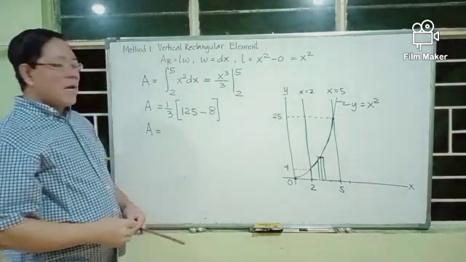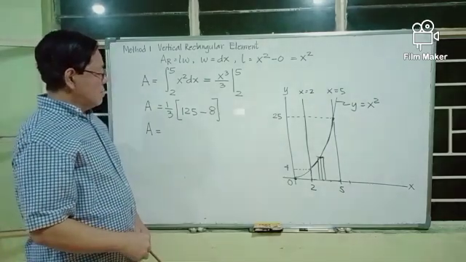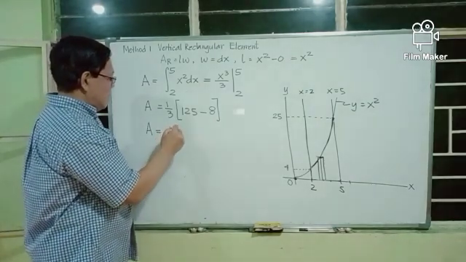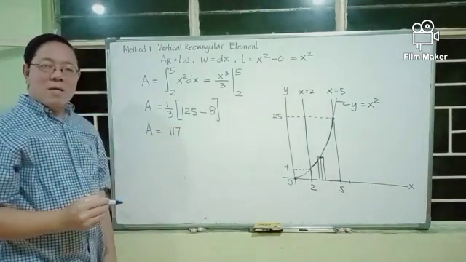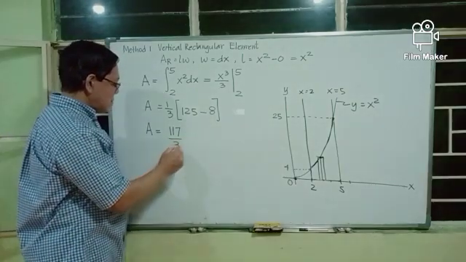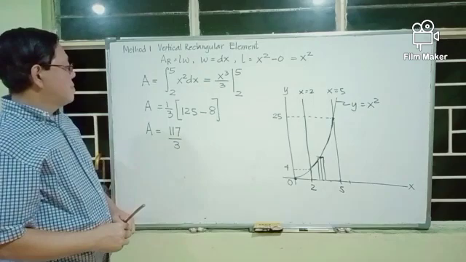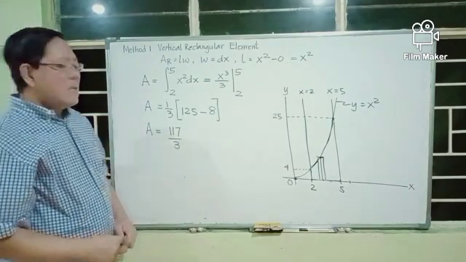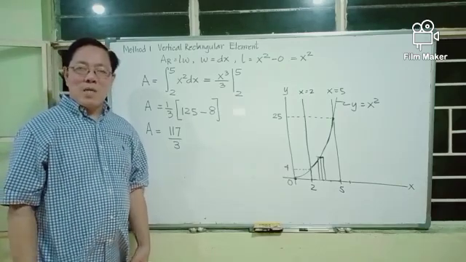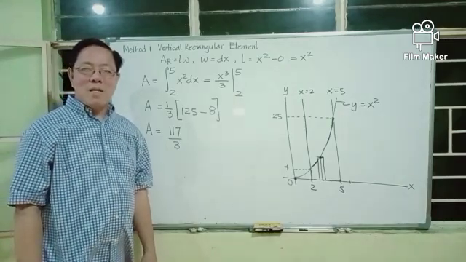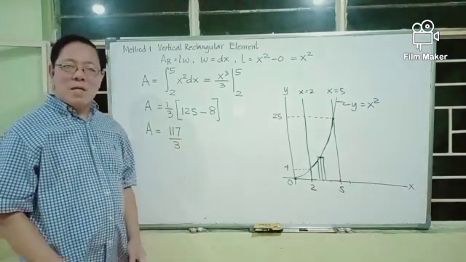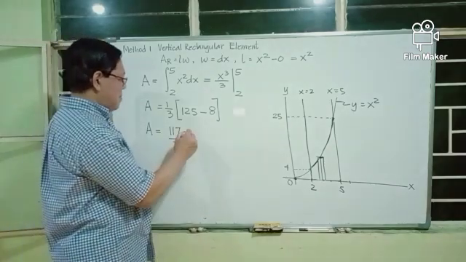And 125 minus 8, that's 117. Multiply by 1/3, that's 117 over 3. We do not know the units in this problem, but we know for sure that area is in square units. So we write 117 over 3 square units.